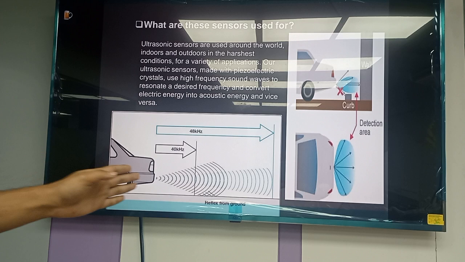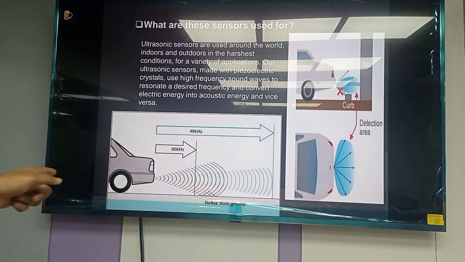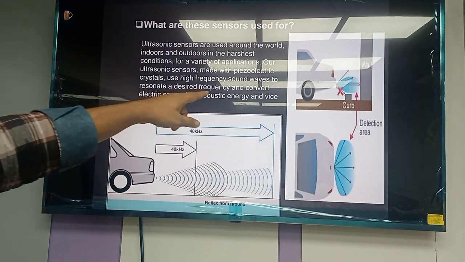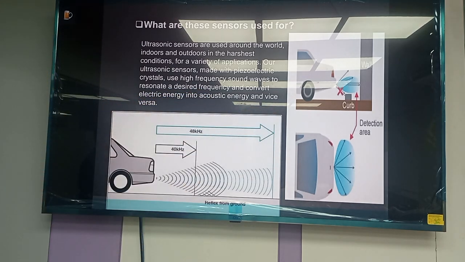When the transmitted wave is reflected by the wall and comes back to the ultrasonic receiver, it sends a command to the driver to stop the car. You also see the diagram or picture here.